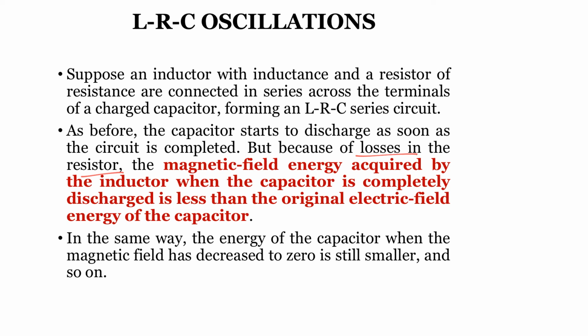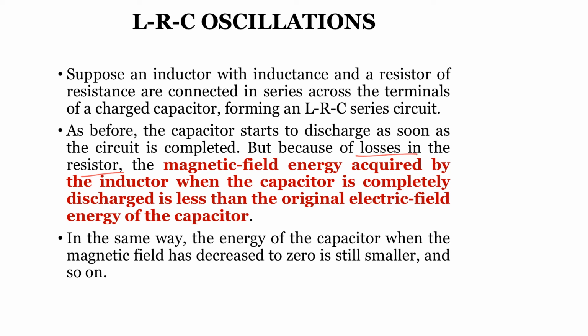Before this, the total energy was constant and changed between electric field and magnetic field, but now some of the energy is transformed into thermal energy. That's the reason why the energy after one oscillation, as a function of time, decreases, because energy is lost in the resistor, depending on the value of the resistance.